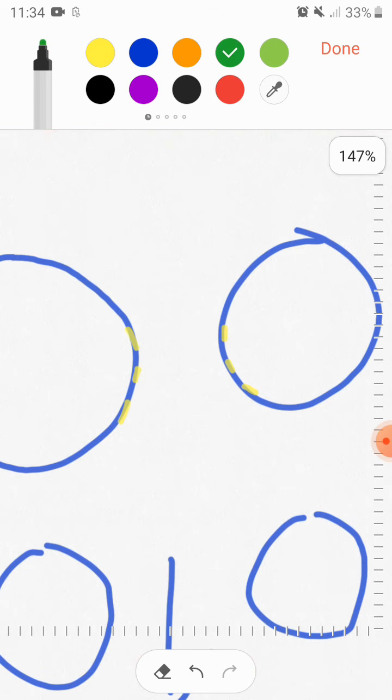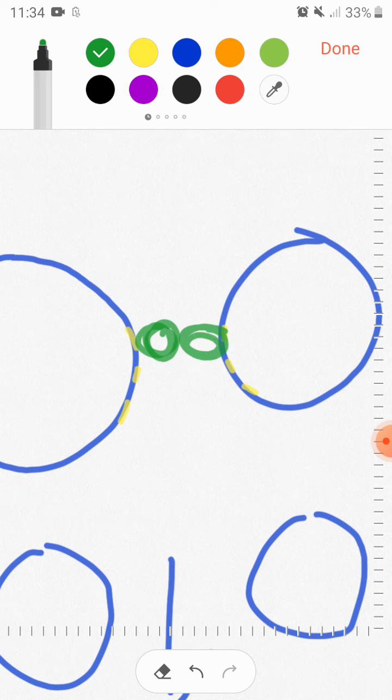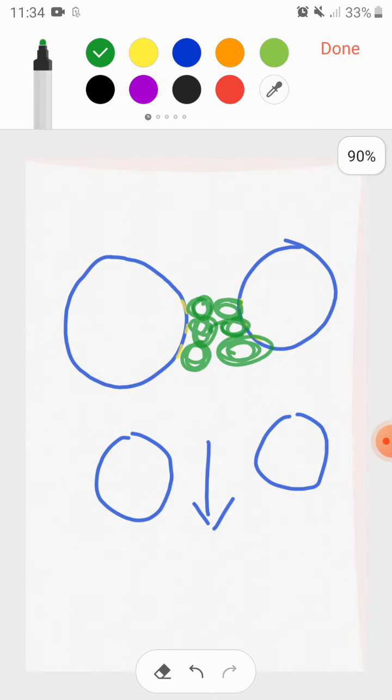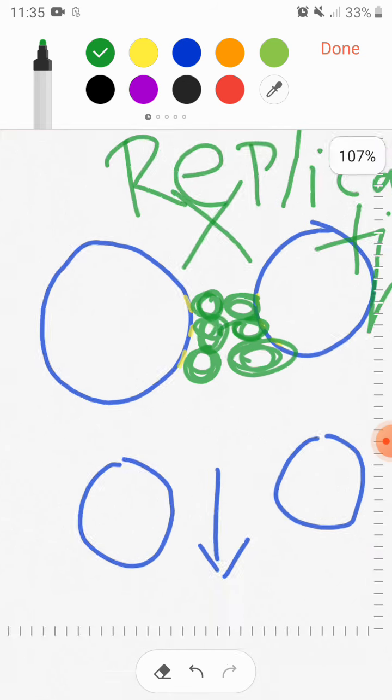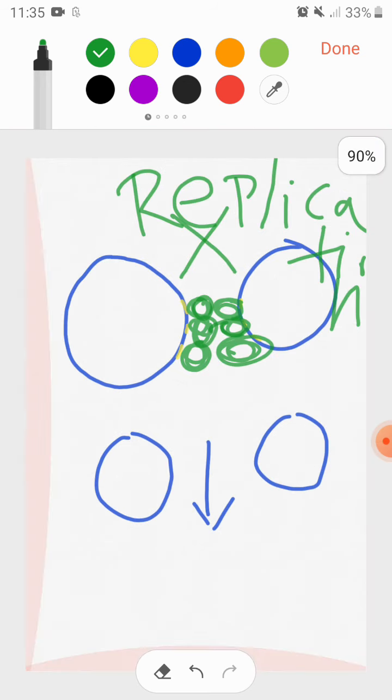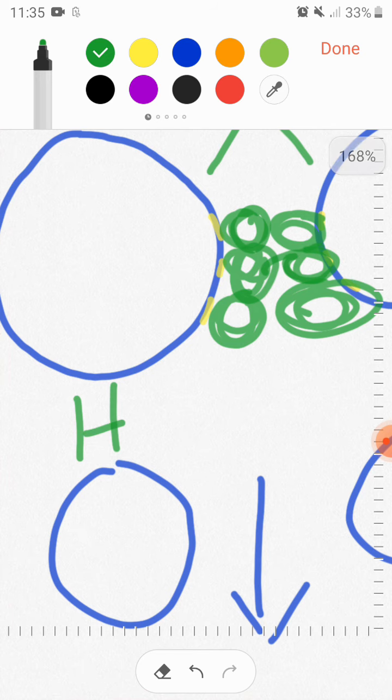Now the Rep protein joins the two plasmids to each other, as a result the plasmids are unable to initiate their replication process. As a result the plasmid copy number decreases, and this procedure of joining two plasmids with each other is known as handcuffing.